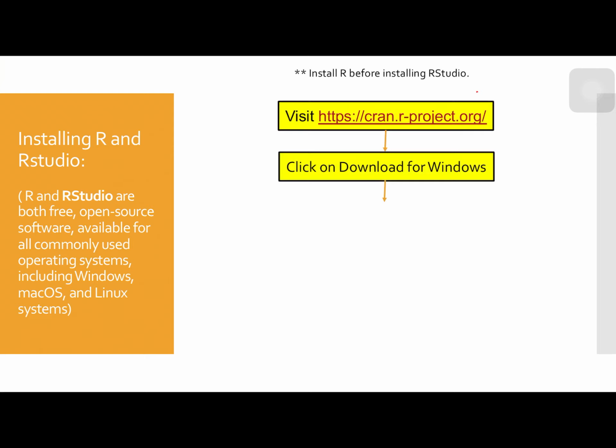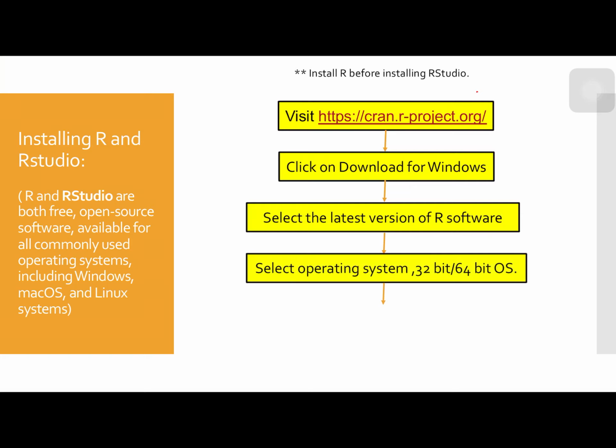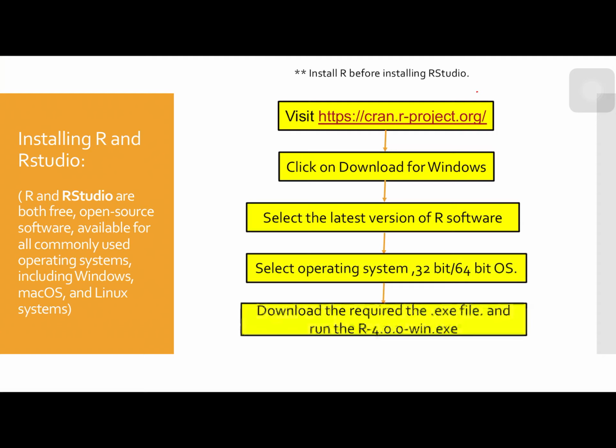So you have to select the appropriate Windows which you are using and then you have to select the latest version of R software. In this case today the latest version of R software which is readily available is R-4.0.0-win.exe.